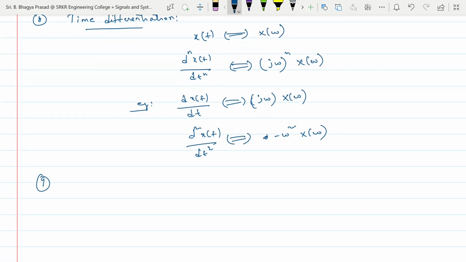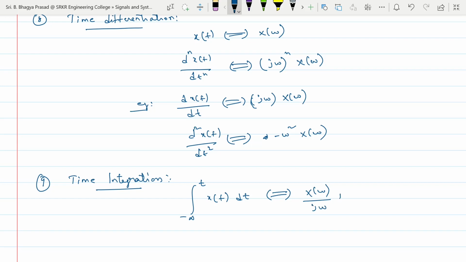Ninth one, time integration. The integral from minus infinity to t, up to a certain time, of x of t dt, its Fourier transform will be x of omega by j omega plus pi delta of omega into x of 0.